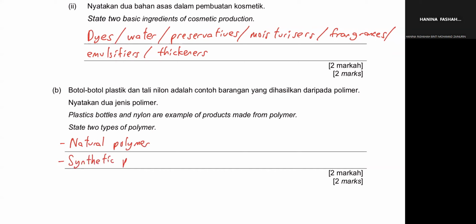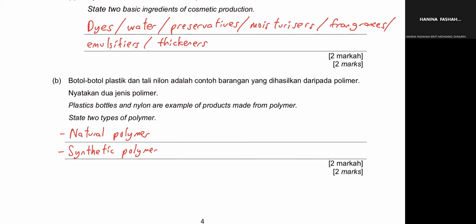Sorry, addition and condensation are for type of polymerization. This one is type of polymer. Nylon can be natural. Plastic bottle can be synthetic.